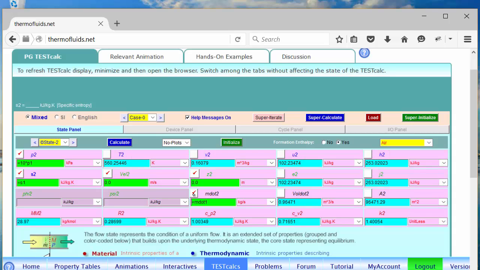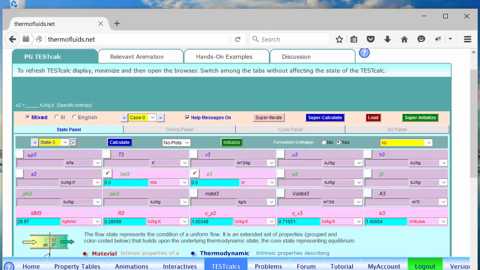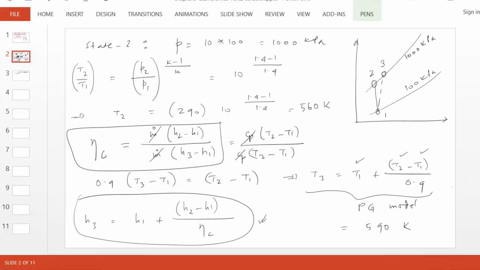Now to find state 3, which is the actual compressor exit state, P3 equals P2, the pressure remains the same at the actual exit. However, the enthalpy, we can connect at H3 with the relationship that we developed. If we go back, this is what we got: H3 equals H1 plus (H2 minus H1) divided by compressor efficiency.